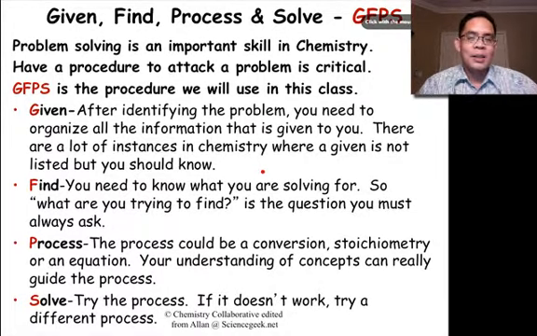But of course, at some point in time, if it's taking too long, come and see me and we can, of course, walk you through it. But just don't get frustrated if I don't give you the answer immediately and I start asking a bunch of questions about what's given, what are you trying to find, what process are you planning on using. Okay, and then show me the work that you've tried something, because that's typically what I'll be asking before I even give you any kind of answers.